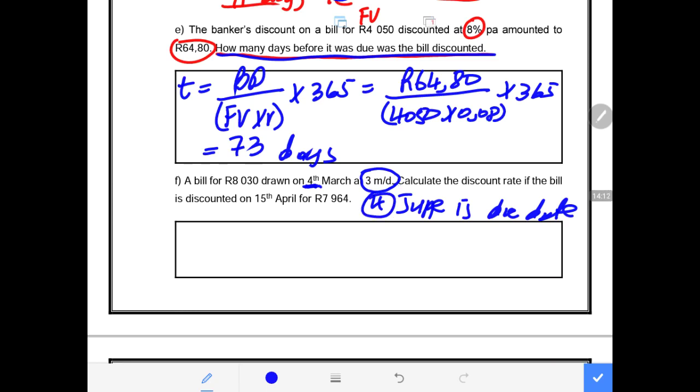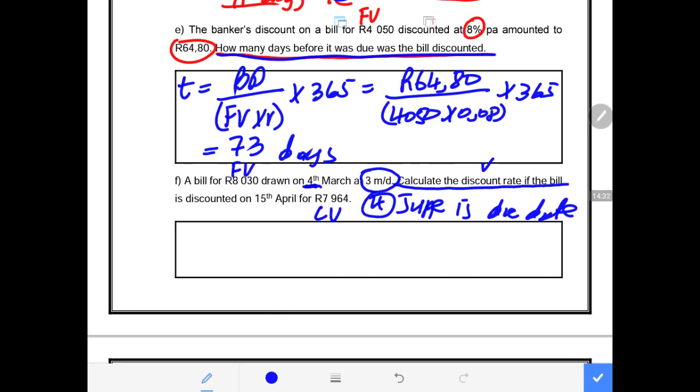Then we are required to calculate the discount rate, meaning our R now. If the bill is discounted on the 15th of April, for how much? For 7,964. This is the cash value; this is the face value of the bill.